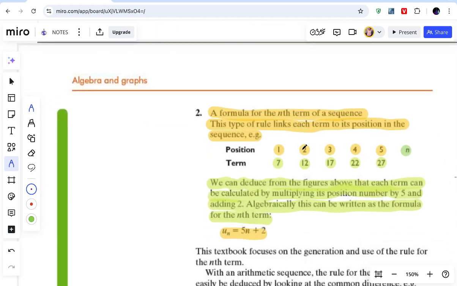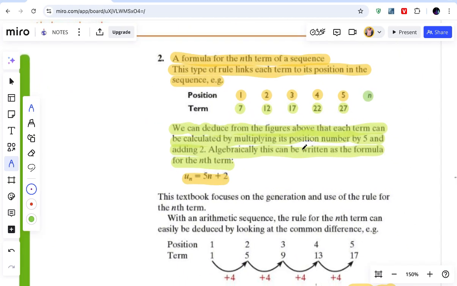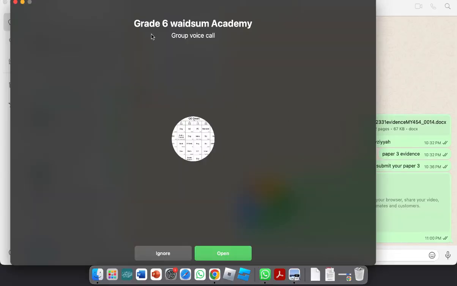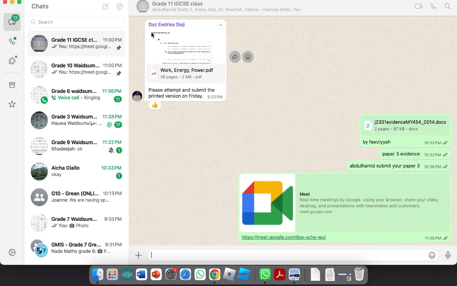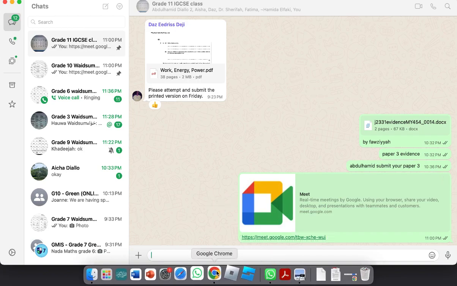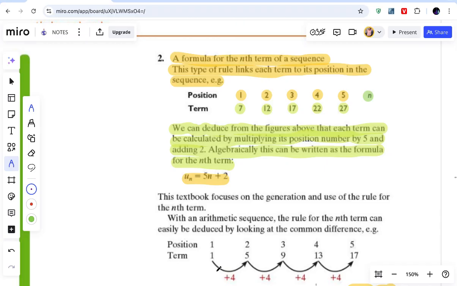Now let's go to the position to term rule. What you do in the position to term rule is to first of all find the common difference.